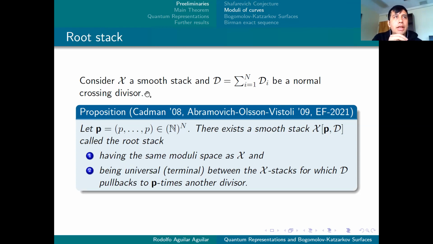So essentially, we can think of this stack as classifying the ramified coverings of X that ramify exactly over D. For example, if we see this stack as a global quotient, with a variety over it and a finite group acting on it, we will have ramification exactly above the divisor D. So this is the idea of the root stack.